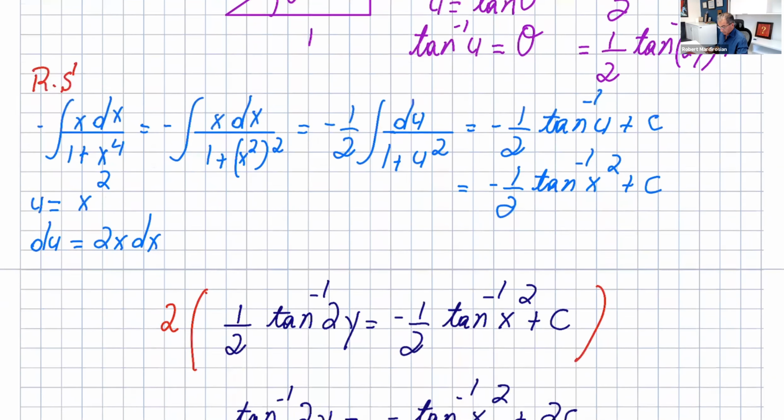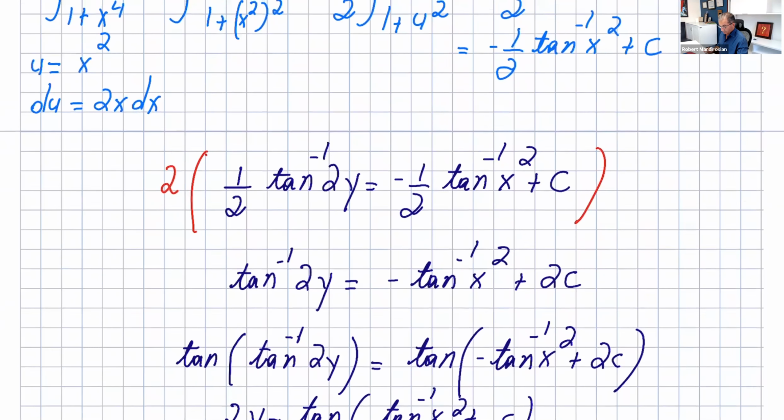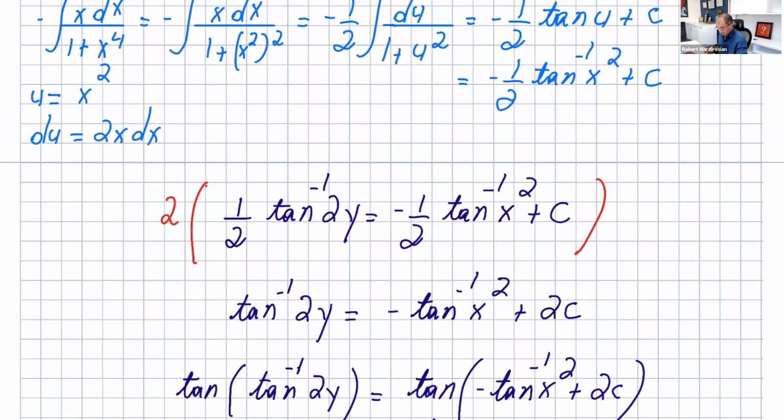Coming back to the answer of the equation, the left side we got that, and the right side we have this one, negative 1/2 tangent inverse of x squared plus c, and you can just have one c, which is good enough for both sides. Now if you multiply both sides by 2, you get tangent inverse of 2y equals negative tangent inverse of x squared plus 2c.